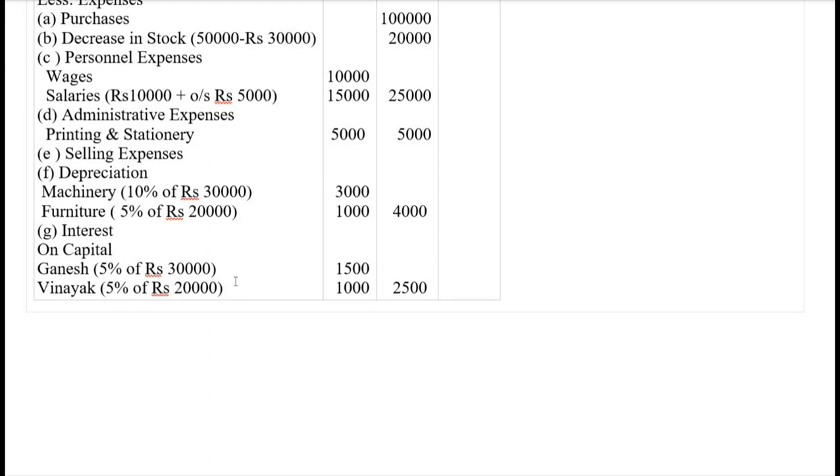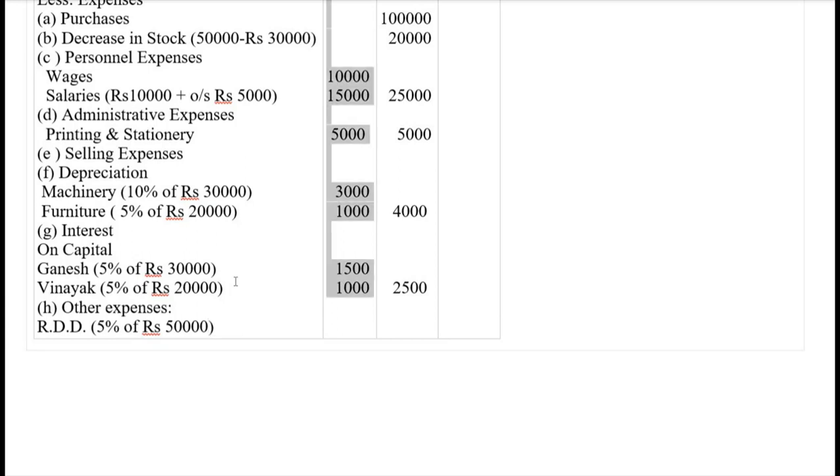Then after this, H, other expenses. Under this we have RDD, which is calculated at the rate of 5% as given in the problem. 5% of the debtors, that is rupees 50,000, will be rupees 2,500. The same will come here also, rupees 2,500.